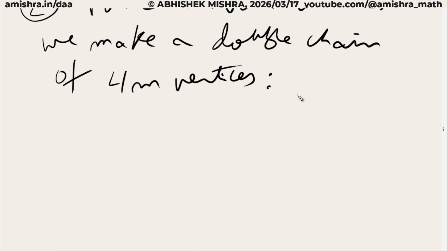Double chain means we have a directed path in both directions.